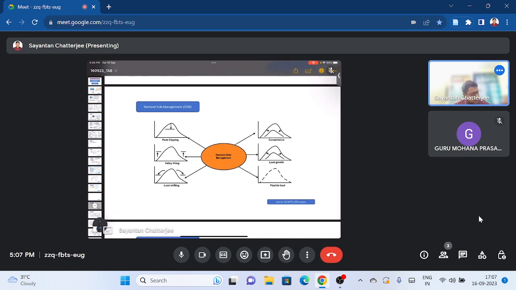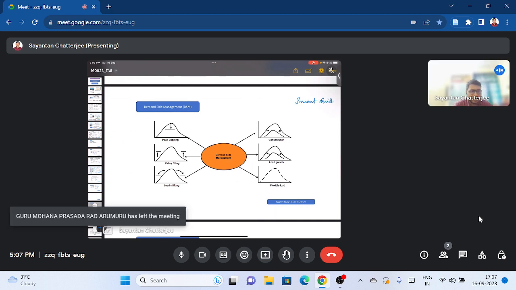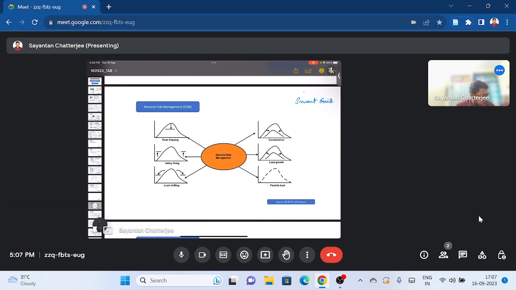In the current smart grid driven context, we can see peak clipping, valley filling, load shifting, conservation, load growth, flexible growth. These are the objectives that need to be met.